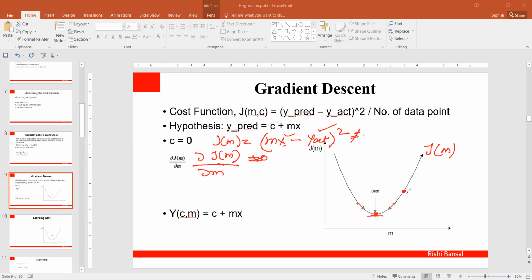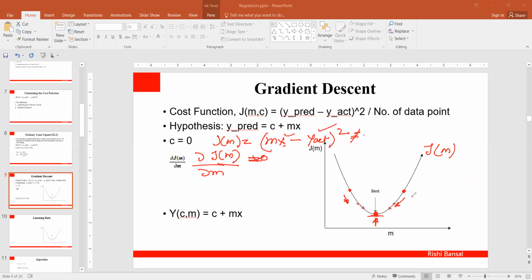Now, when you are at this point, you need to move towards the left hand side. Suppose you are on this side, you need to move toward this side. Then only you will arrive at the best point.